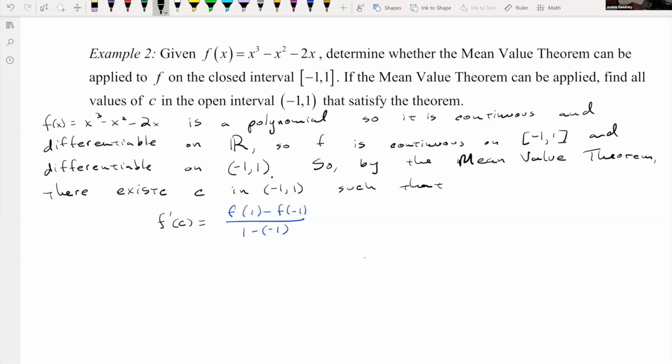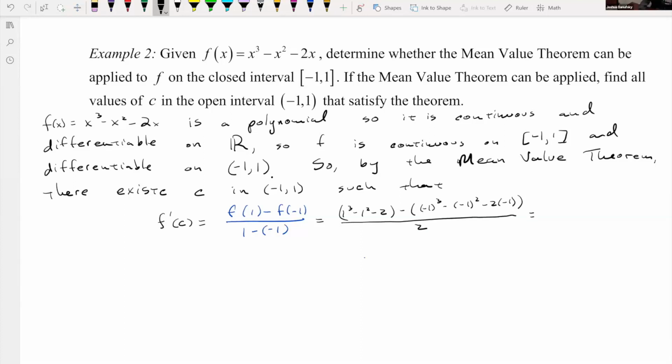Well, if we plug 1 into our function, we're going to get 1 cubed minus 1 squared minus 2, minus, plugging in negative 1, negative 1 cubed minus negative 1 squared minus 2 times negative 1, all over 2.